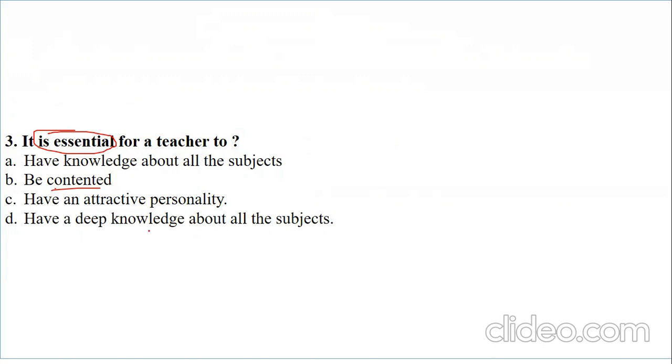Now if you go with the reducing option, having an attractive personality is not important. We have teachers with not a very good personality but with very good knowledge, so knowledge plays an important role. Be contented cannot be an option. Now the two options left in front of us are to have knowledge about all the subjects and to have deep knowledge about all the subjects.